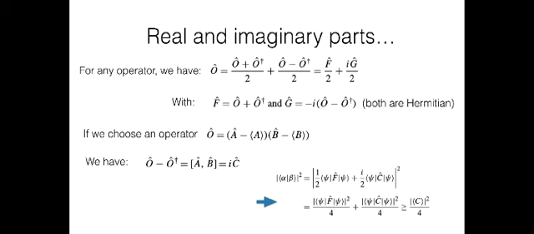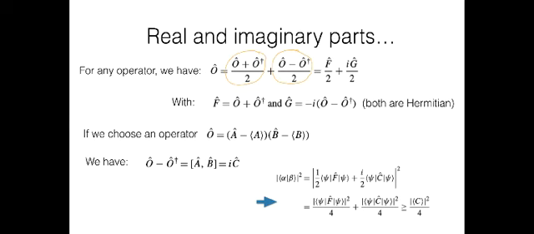Okay, now every operator can be written as a real part plus an imaginary part. We can write that, of course, because if we remove the adjoint or add the adjoint, we get automatically the real and imaginary parts.